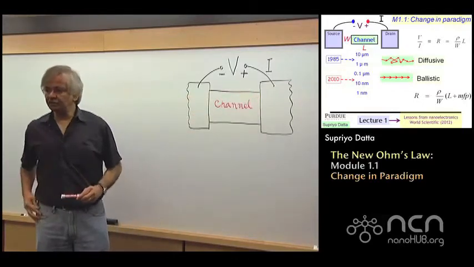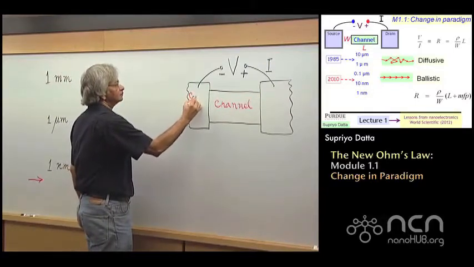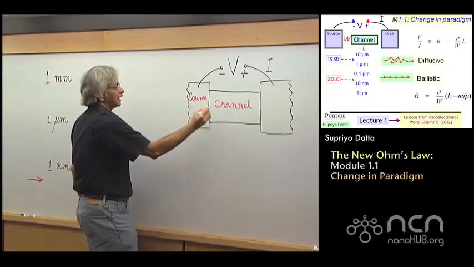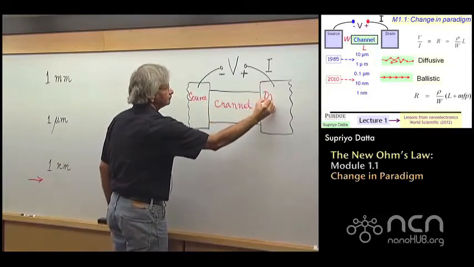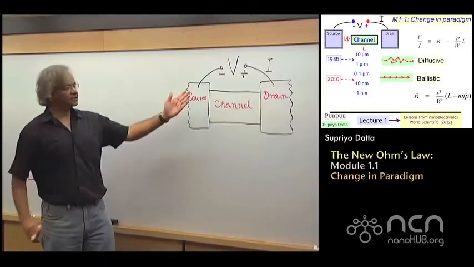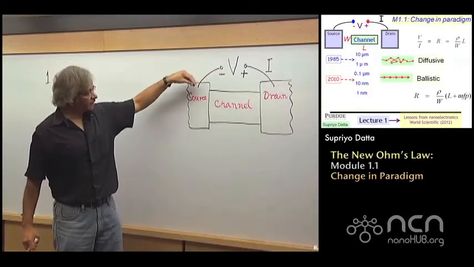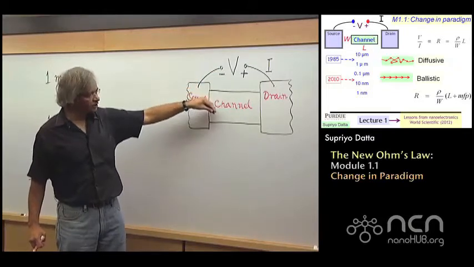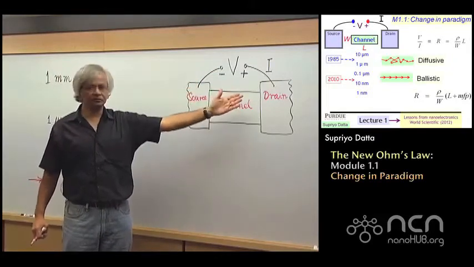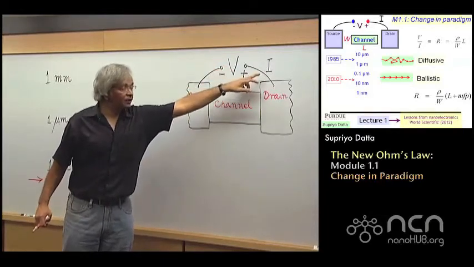These contacts are usually referred to as the source and the drain. When a voltage is applied across it, electrons from the negative terminal flow through the channel from one contact to the other, giving rise to a current in the external circuit. That's what I've called I.